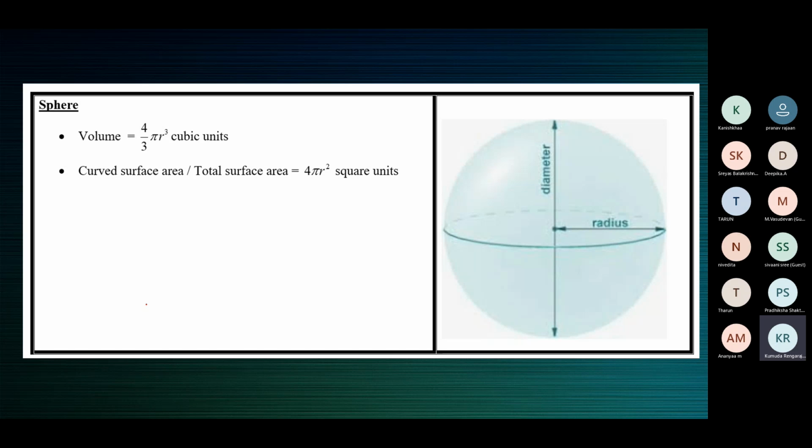Now tell me, what is the height of the cone? Oh, sorry, what will be the height of the sphere? Diameter. What letter is used to represent the diameter?